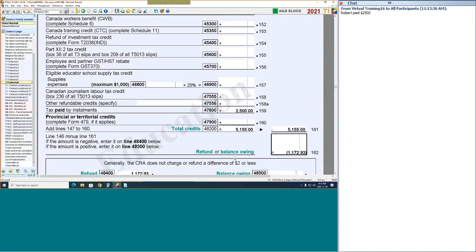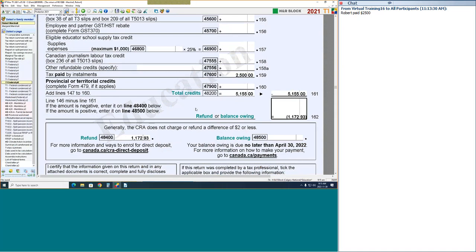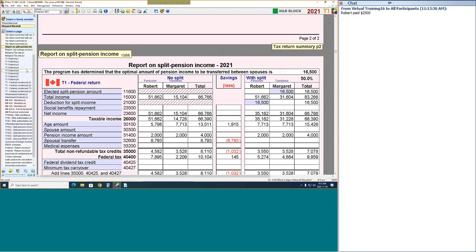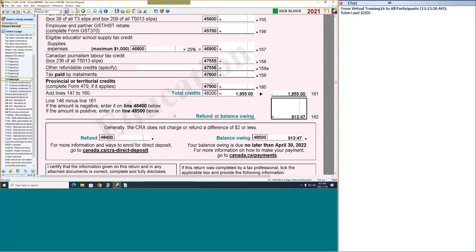Now we're going to have a scenario where Robert is getting a refund, $1,172.93. Margaret is owing $913.47, but what they can do in this circumstance is take Robert's refund and use Robert's refund to pay Margaret's balance off, and then the family as a whole will be in a positive situation.